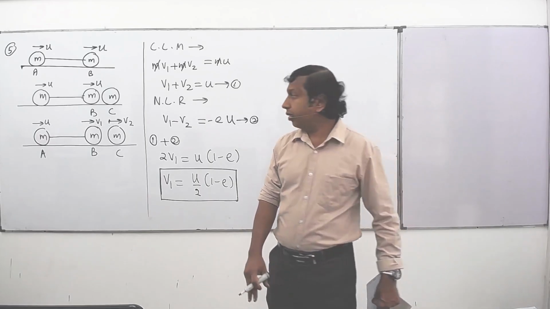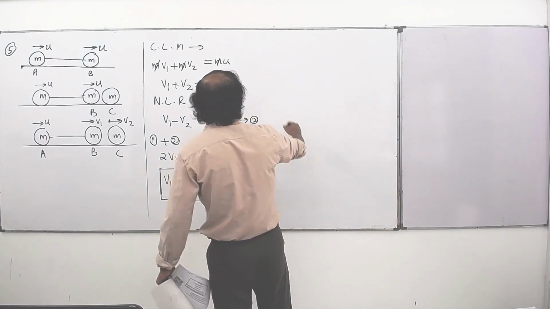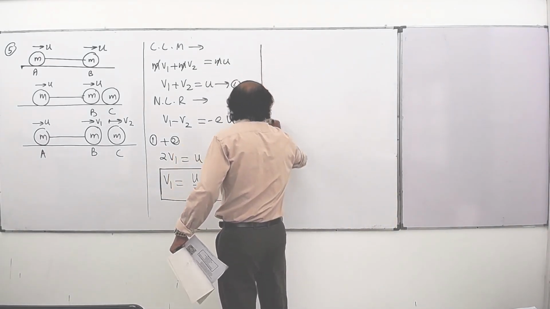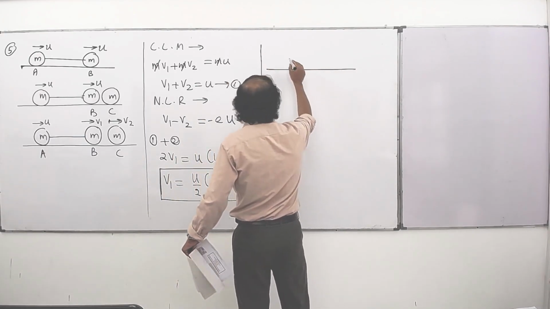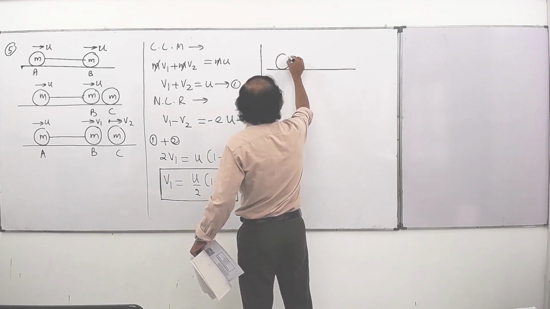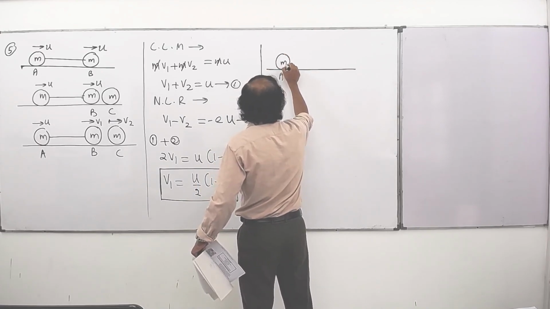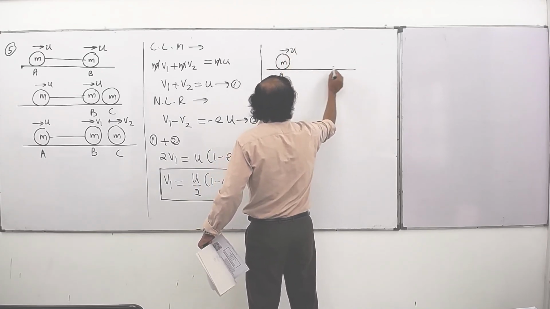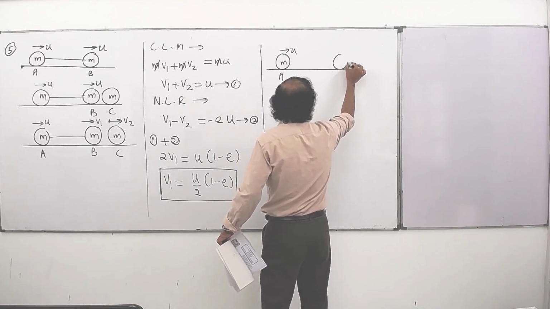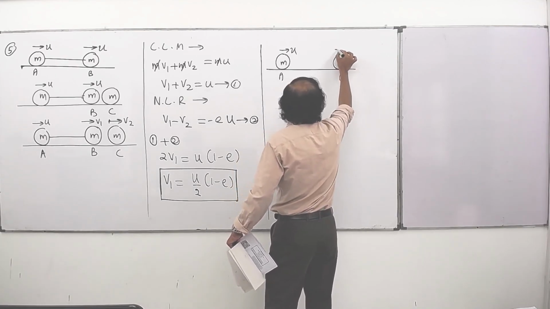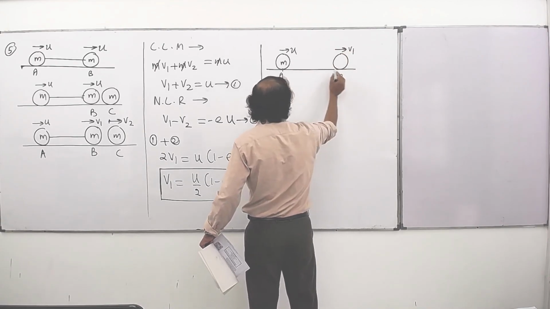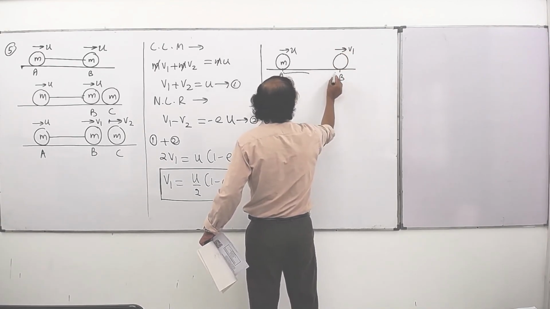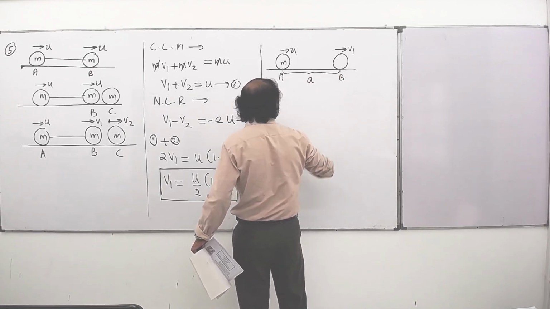Okay. So then, the present situation is this. Soon after collision, people, if I draw the diagram, the particle A is still moving, right, with velocity u. Soon after the collision, B begins to move with velocity v1. Still, the distance between them is going to be simply a. Right?